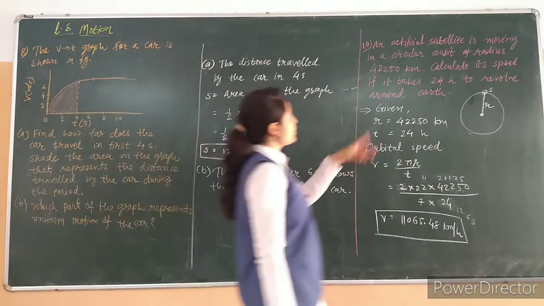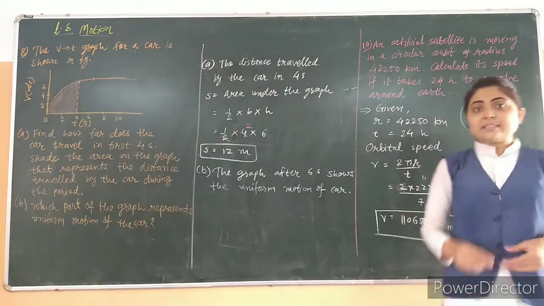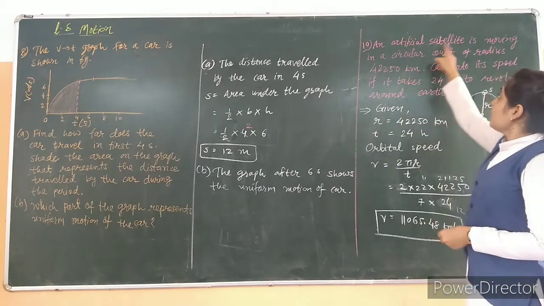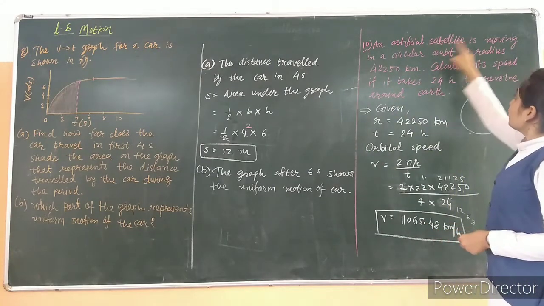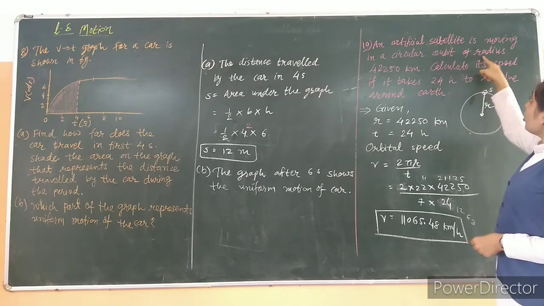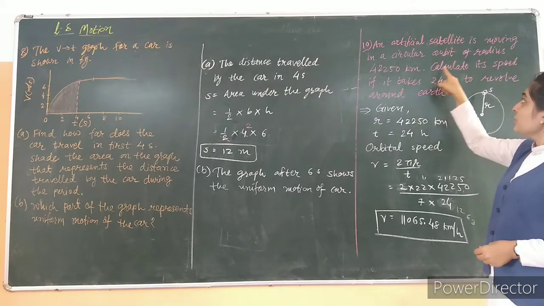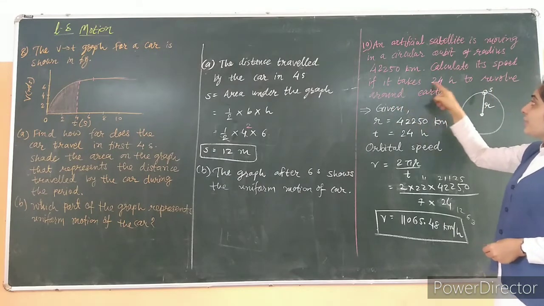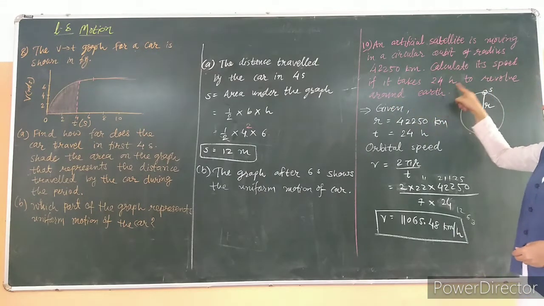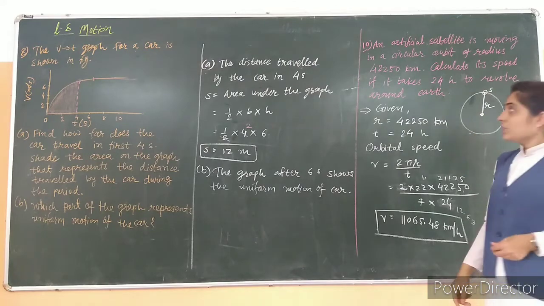Got it? Next, the 10th one. An artificial satellite is moving in a circular orbit of radius 42,250 kilometers. Calculate its speed if it takes 24 hours to revolve around the Earth.